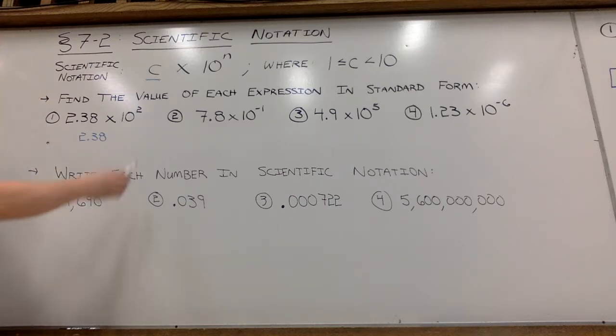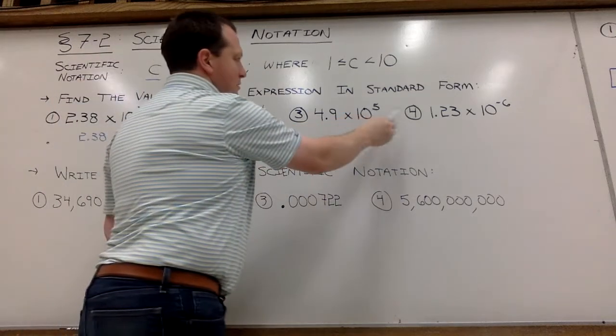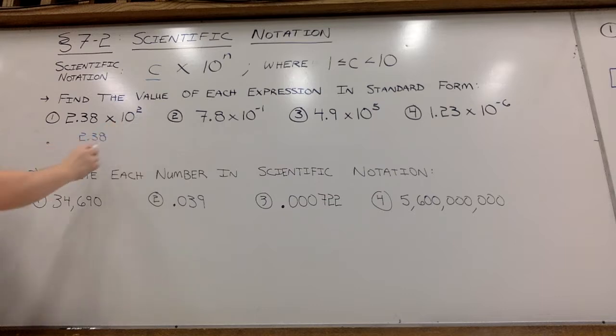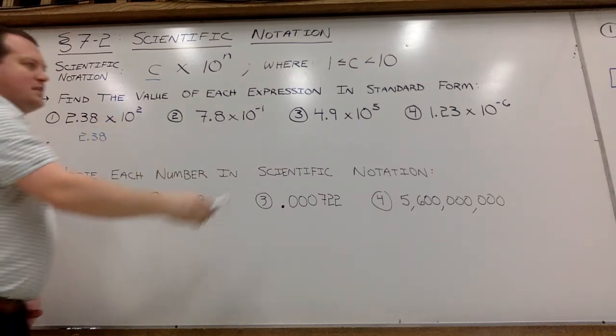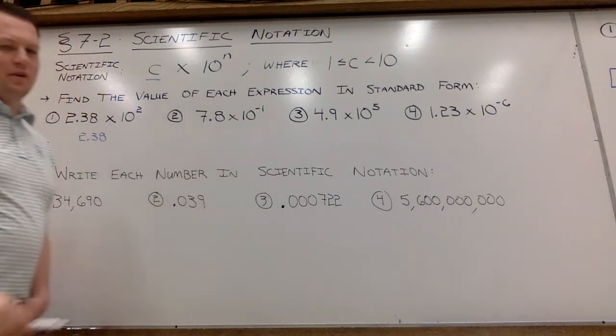The catch is looking at the sign of your exponent. If it is a positive exponent, I am going to move that many decimal places to the right. If it is a negative exponent, I will move that many decimal places to the left.